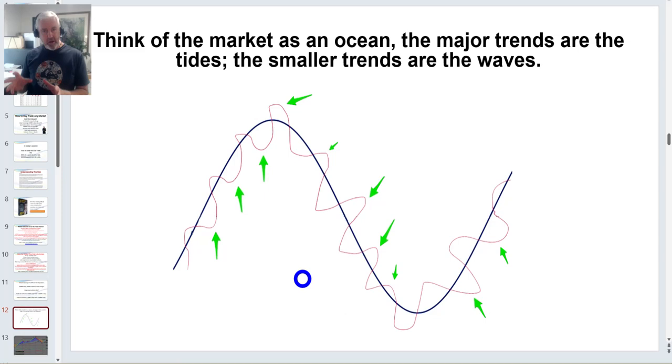Now I trade both counter trend and reversal trades, as well as with trend trades. Initially, if you're a brand new trader, or if trading hasn't been good to you up till now, you want to learn to trade with the trend. Basically we're trading in the direction of a higher time frame. It's what I call the anchor chart.